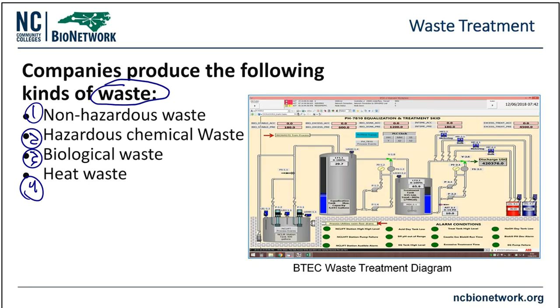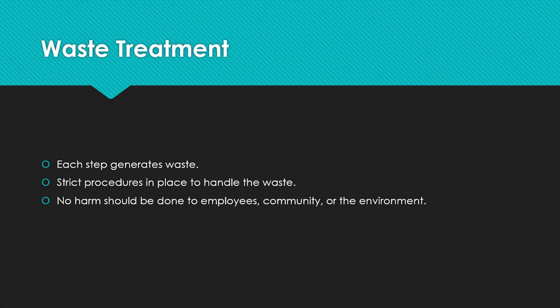If we are using a biological to grow cultures, to basically produce a product, well, what do we do with all of those killed dead cells that are left after the fact, right? Where do we end up putting those? Can we just dump them down the drain? And the answer is no. We've got to process those in a proper way. And then heat waste, we're generating a lot of heat. Of course we are. So how do we take care of that type of waste? Because it is waste by definition.